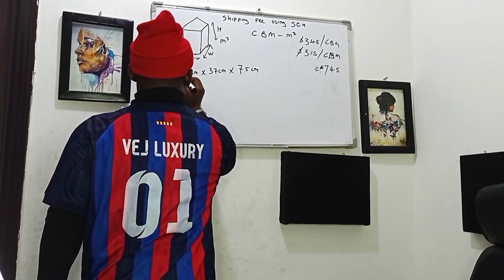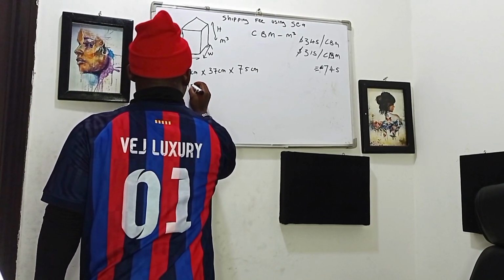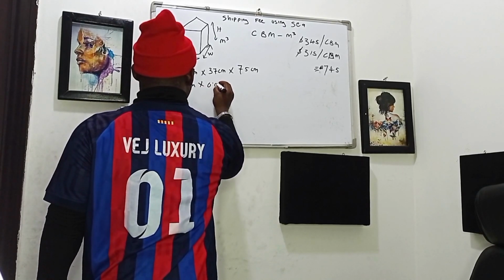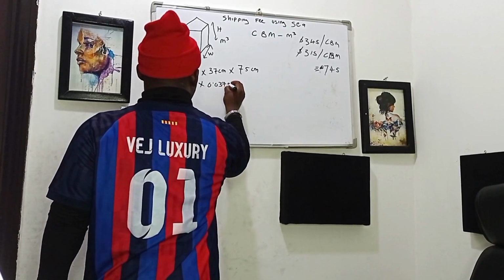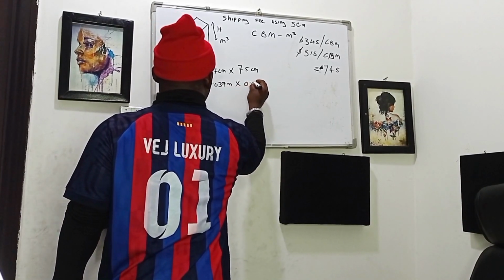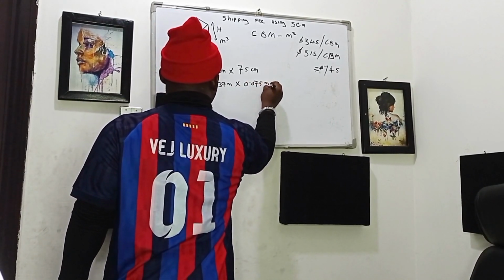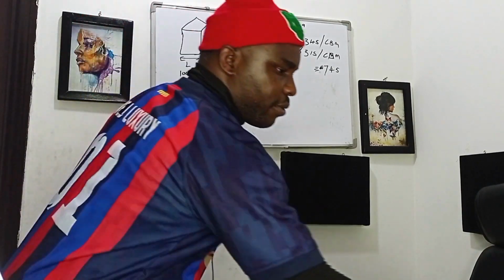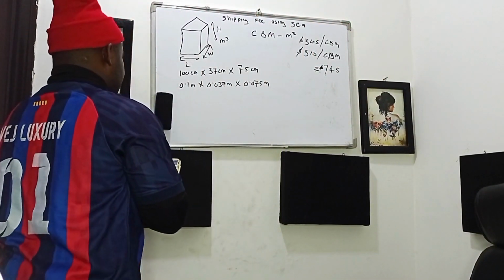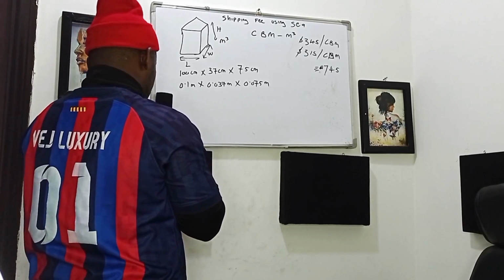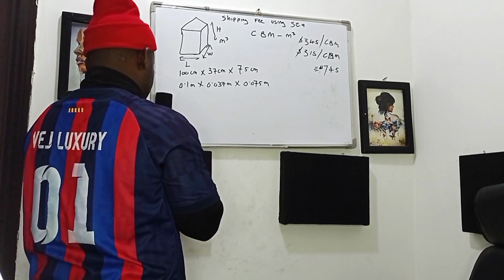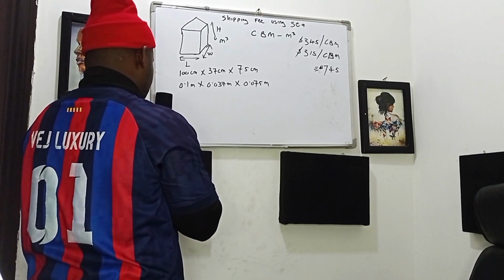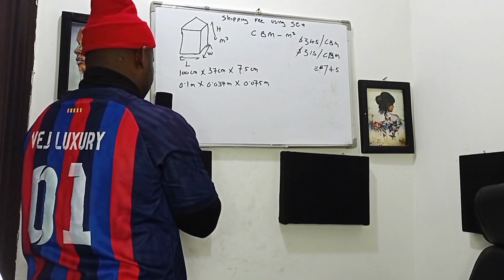That's going to give you 0.1 meter multiplied by 0.037 meter multiplied by 0.075 meter. So if you get these three together, that is 0.1 multiplied by 0.37 multiplied by 0.075.